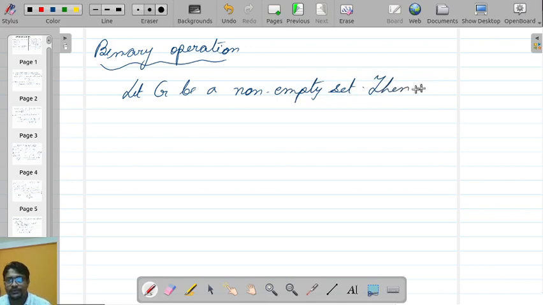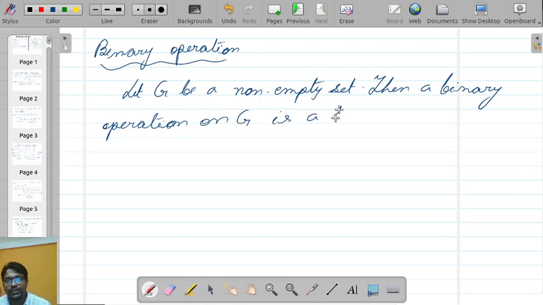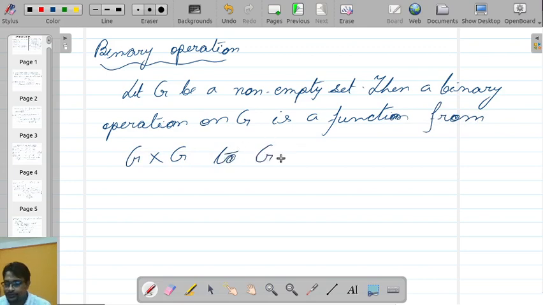Then a binary operation on G is a function from G cross G to G. Any function from G cross G to G.